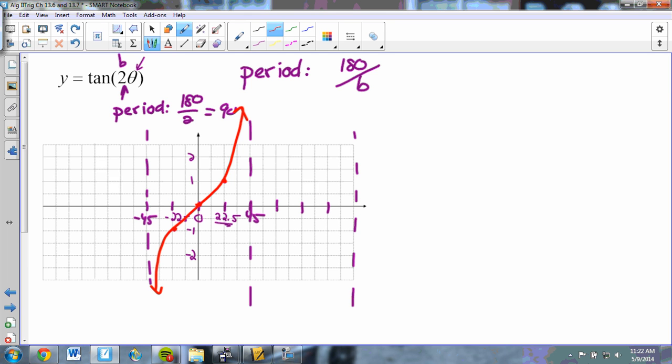I have a point at 0, 1, and negative 1. And there's another cycle. Other direction, I'm going to go from here, 1, 2, 3, 4. And I've graphed 3 cycles now.